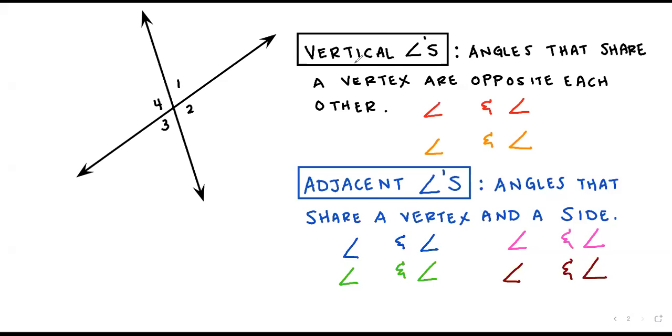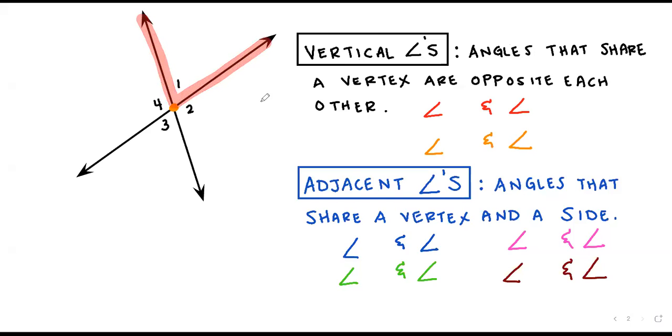Okay, so vertical angles. Vertical angles are angles that share a vertex and are opposite each other. The vertex is basically right here. The point where the two lines of an angle meet is called the vertex. So what I'm gonna do is show you which angles are vertical to each other. So right here, if I look at angle 1 would be right here.